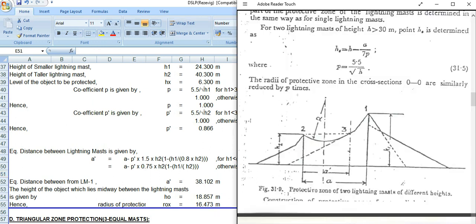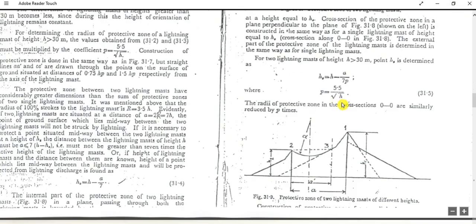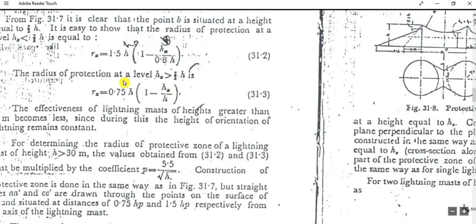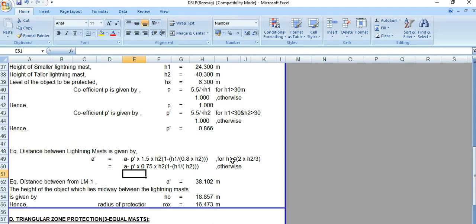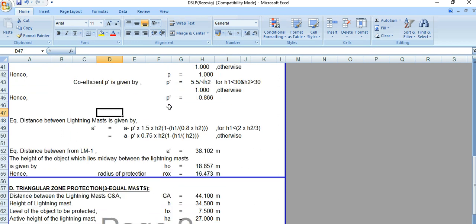Let's check in the copy. So here is the formula. The only difference is the heights are different for the two lightning masts. One is H1, another one is H2. So A dash is 38.1 meter.